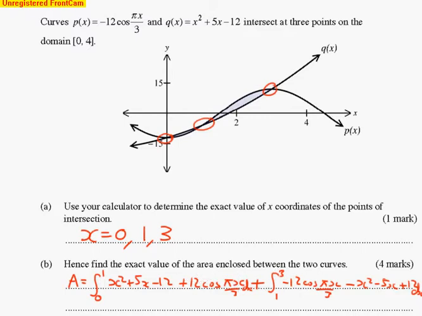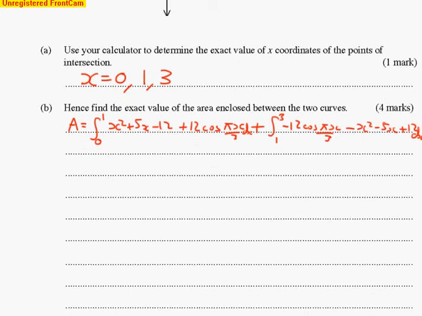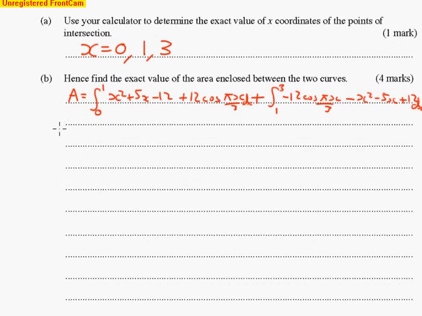So now let's go down and do a bit more integrating. So that area equals, I'm going to need a bit of space here, it looks quite long, so the area equals, now this is going to be between 1 and 0. So the first one, we've got x to the 3 over 3. Second bit will be plus 5x squared over 2. That'll be minus 12x.